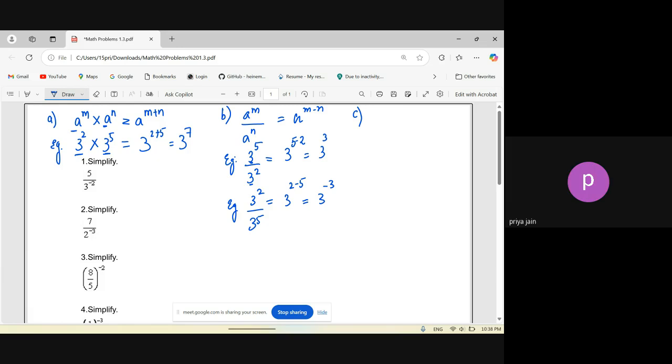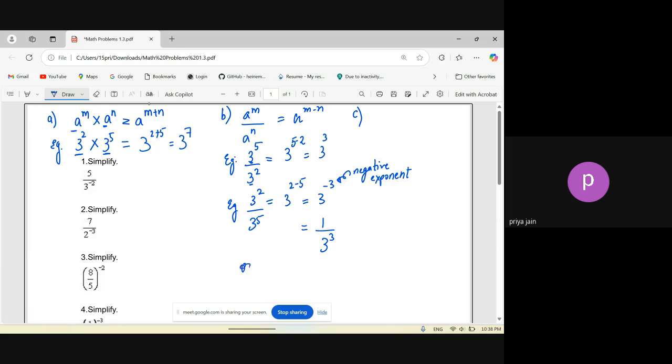So this is a negative exponent. In this case, what you do is you take a reciprocal of it. So what I mean is, if it is at the top, then you do 1 over the bottom.